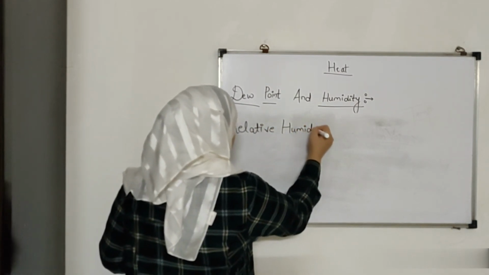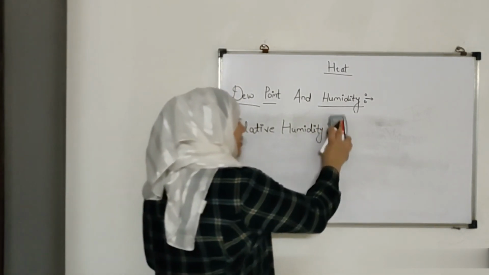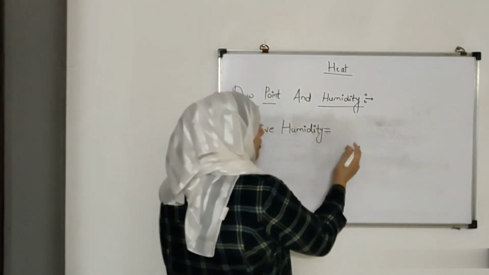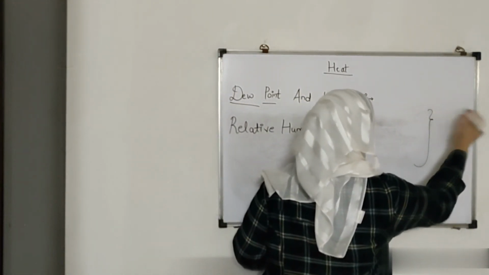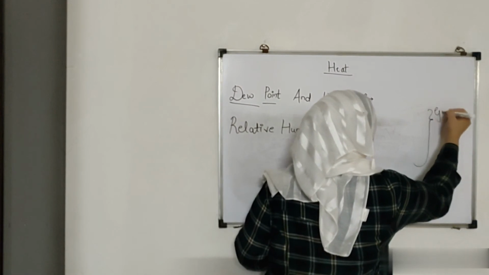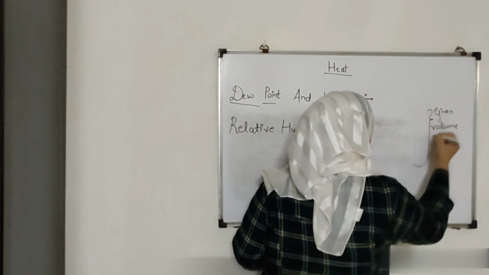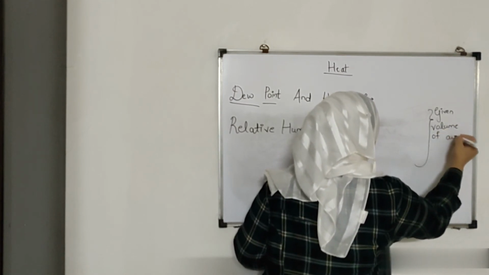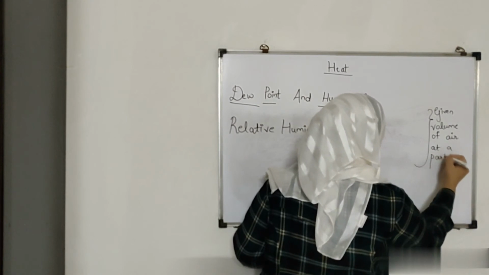See, there's a specific formula for it, and how I'm going to remember that formula. Let me take a given volume of air at a particular temperature. This is fixed.